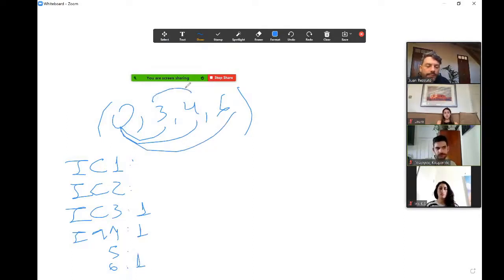Now, of this one, 1. That's it. Of this one? 3, another one. Okay. Of this one? 2, 1. So the interval vector of this will be 1, 1, 2, 1, 0, 1.